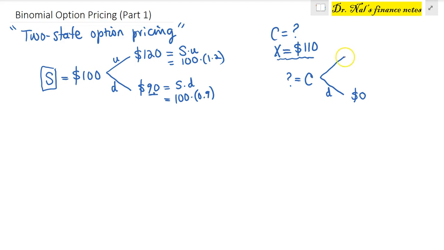Versus at the up node, the underlying stock will be selling at $120. So I can exercise my right and purchase the underlying stock at $110 and immediately flip it and sell it in the marketplace for $120, making a direct $10 profit out of this transaction.